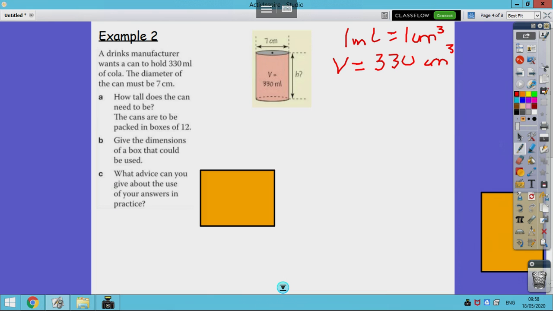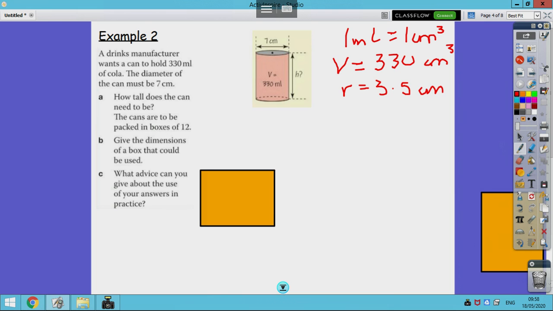That makes things quite easy. We know the diameter is 7, so the radius is 3.5 centimetres, because we need the radius, not the diameter, when we're talking about the volume.